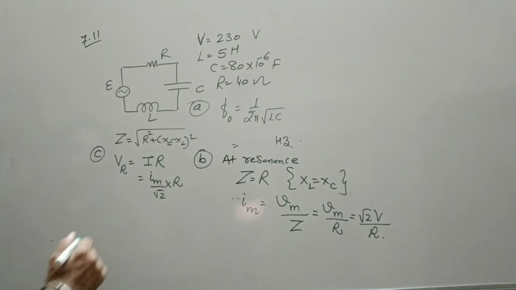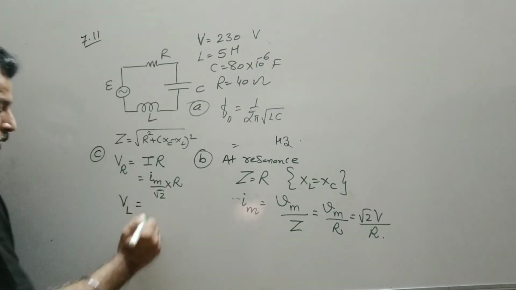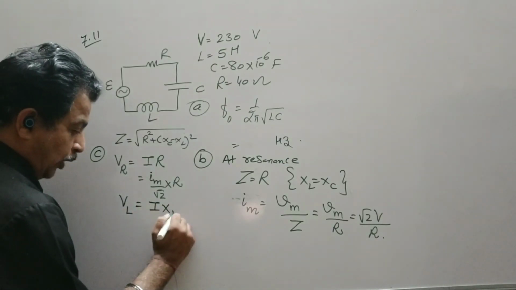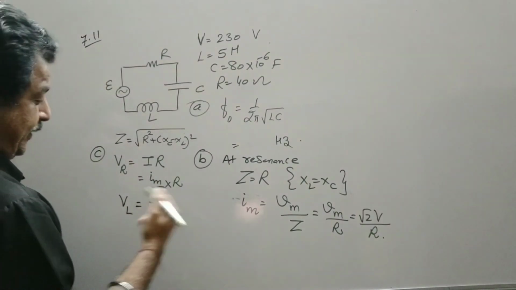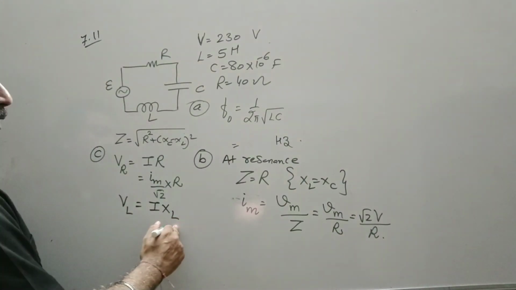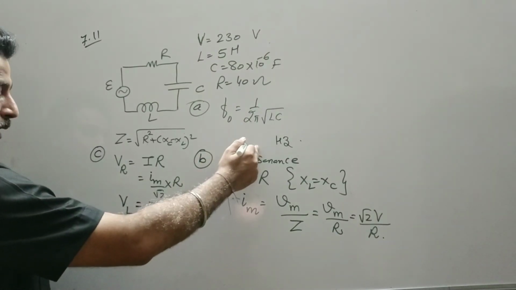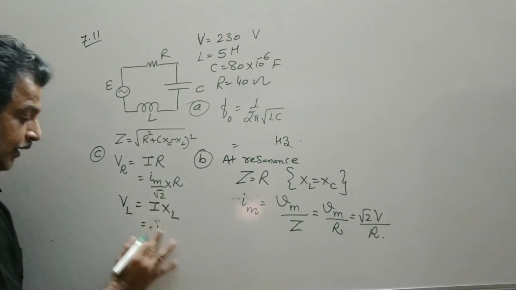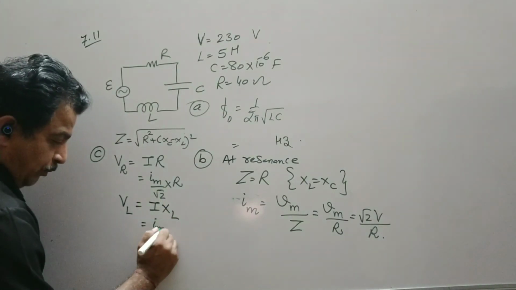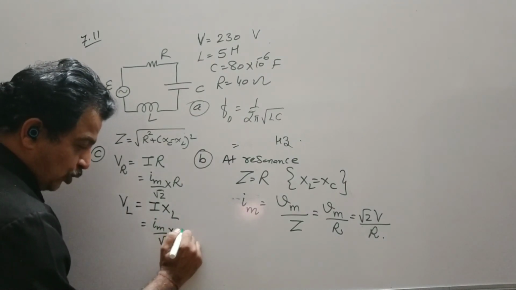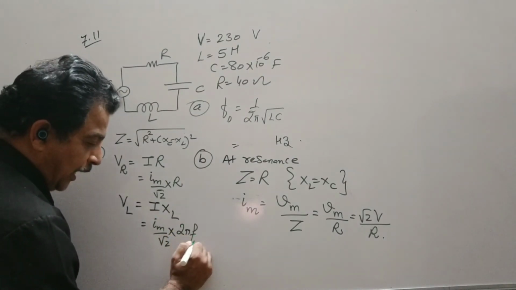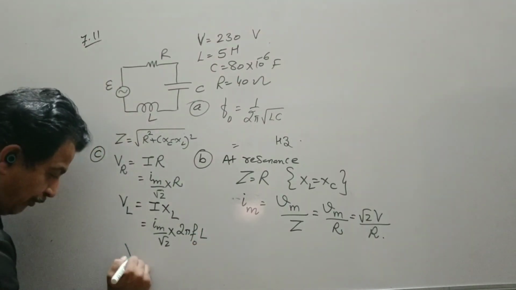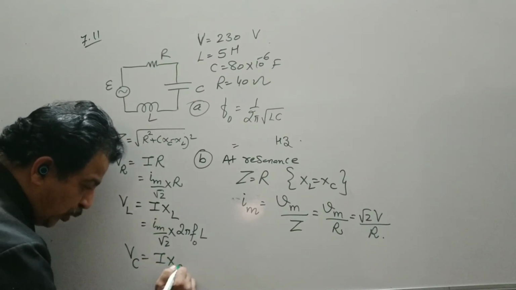Also we have to find out the potential drop across the inductor. It can be written as I into XL. XL can be calculated because you know the frequency now. In the place of I, we write Im divided by root 2, into XL, which is omega L, that is 2 pi f naught L. And similarly, you find VC is equal to I into XC.